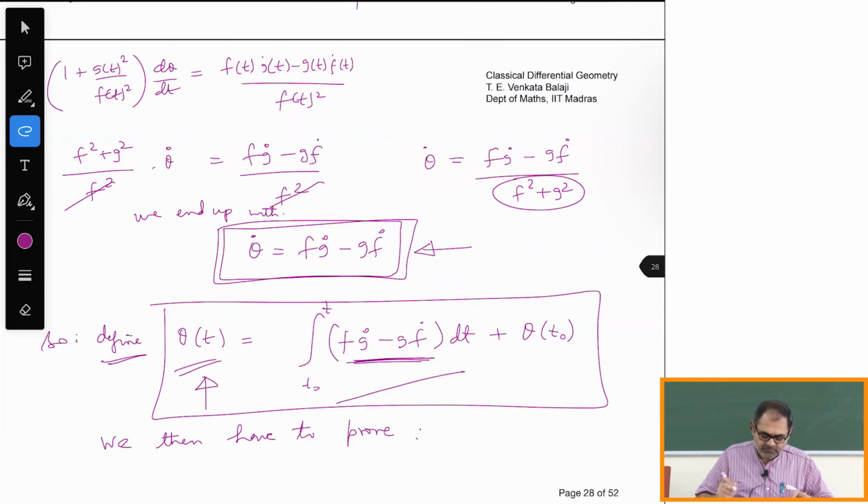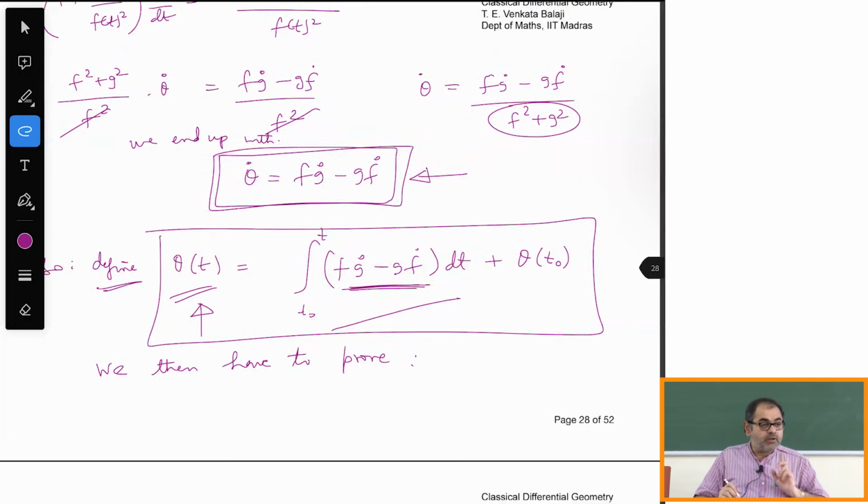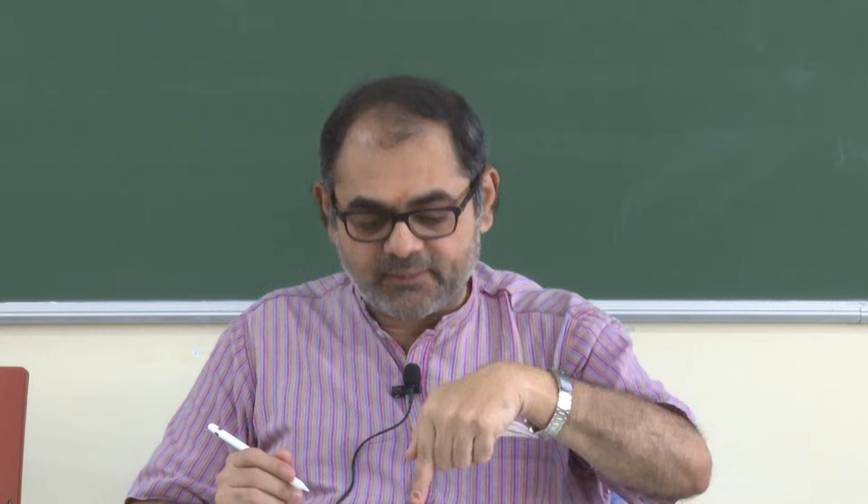So you define it like this. What do you have to prove? Understand this very carefully. I first started with f t is cos theta t, g t is sin theta t, and assumed theta t is continuously differentiable, and I got this expression for theta dot. Once I got this expression for theta dot, it depended only on f and g.